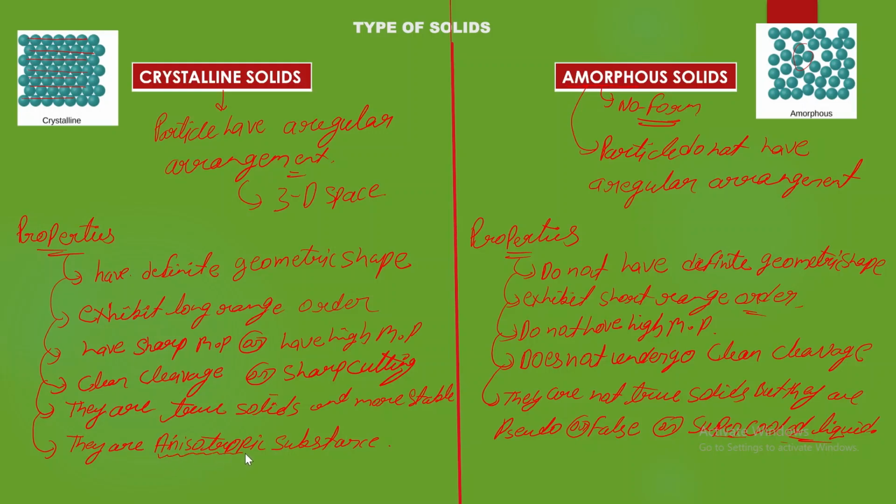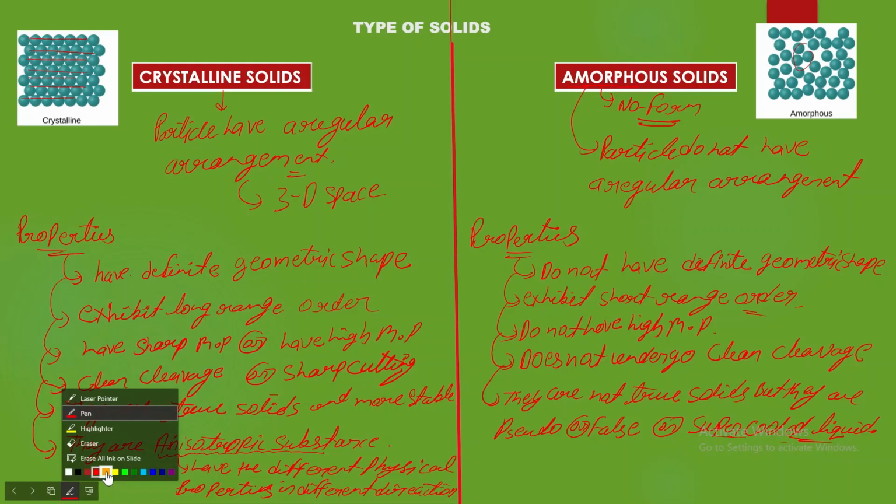What are anisotropic substances? Anisotropic substances are substances which have different physical properties in different directions. And this property is known as anisotropy.